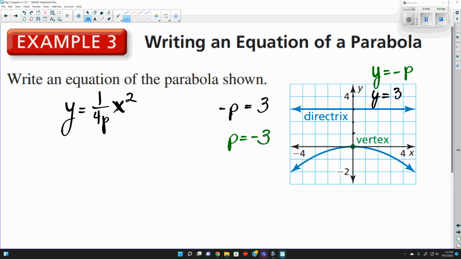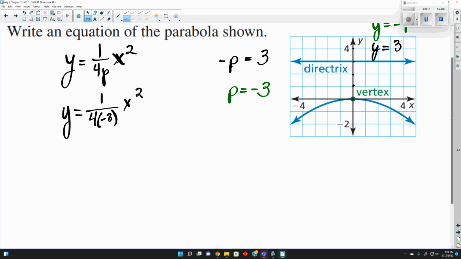Because what's the only real variable we have in this equation? P, yes? Did we just find it? So we'll plug it back in. 1/4 times negative 3, x squared. Now we do need to simplify a little bit. 4 times negative 3.